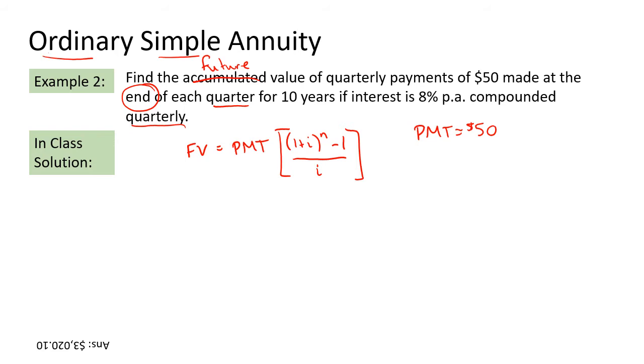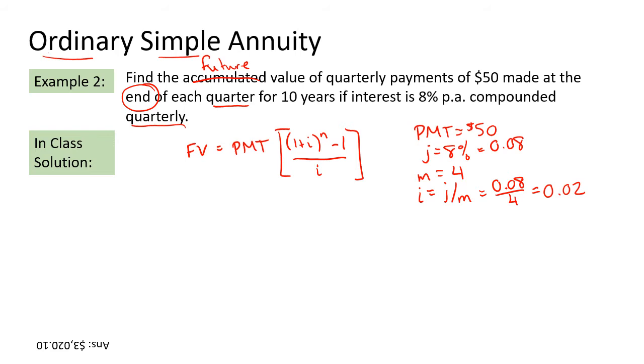Our nominal interest rate is 8%, which is 0.08. Our number of compounding periods per year, m, is equal to 4. So our periodic interest rate, i, is equal to j divided by m, which is 0.08 divided by 4, which is 0.02.